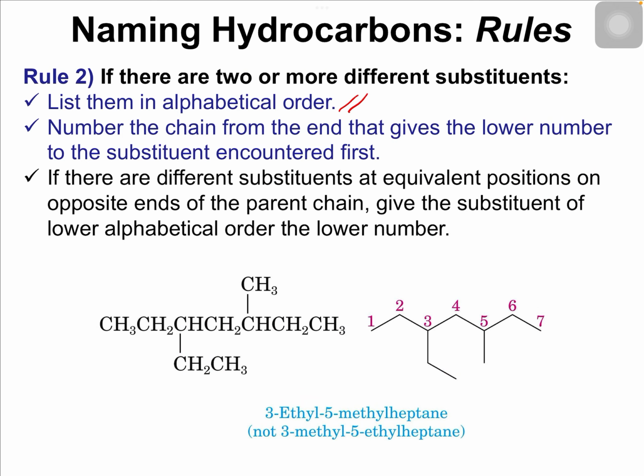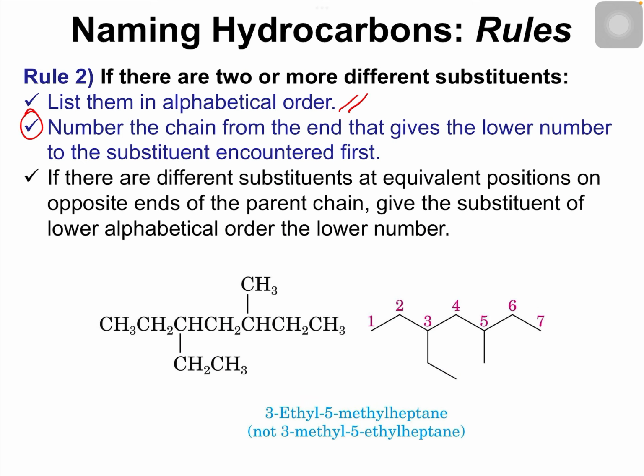And then, itong second checkpoint, sabi doon ay mag-start tayo doon sa end kung saan ma-assign natin ang mas mababang number sa substituent na encounter natin first. Parang katulad dun sa rule number 1. You give a lower number dun sa substituent na una mong ma-encounter from whichever end.